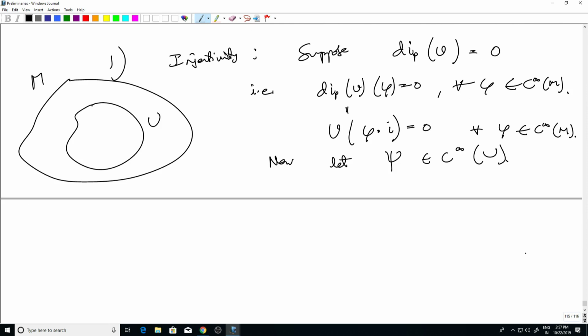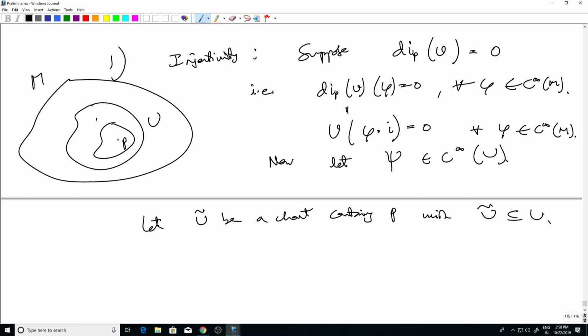So let me start with some function C in C infinity U. Now let U tilde be a chart containing P, as before, you just put it in some chart U tilde.